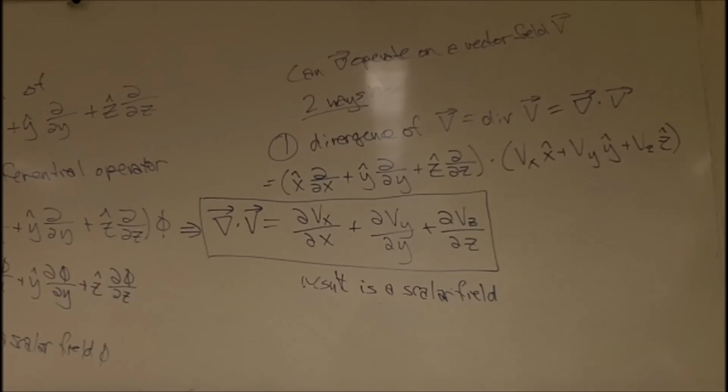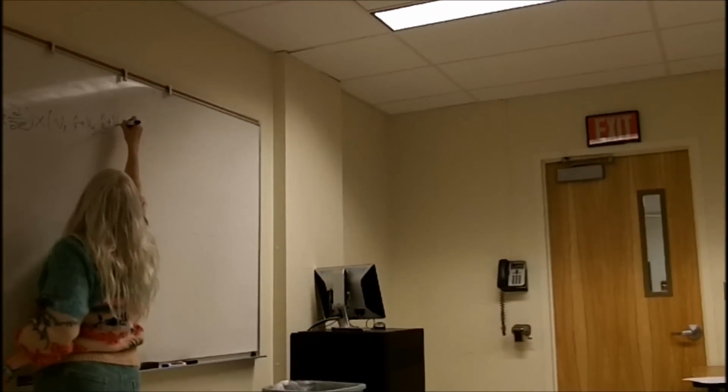I'm going to cross that into the vector v, which I'll write in terms of components as well. So Vx times x hat plus Vy times y hat plus Vz times z hat.